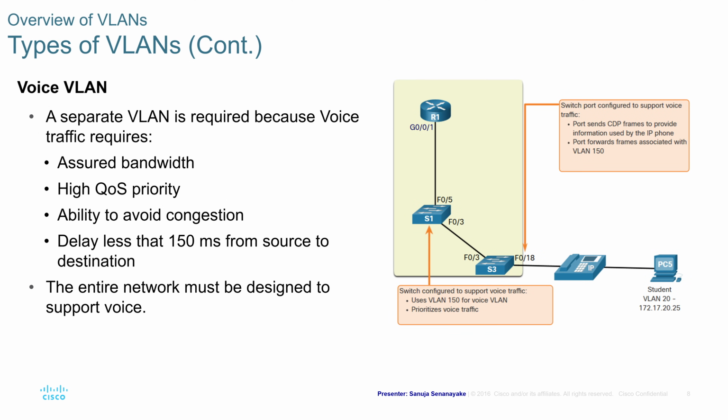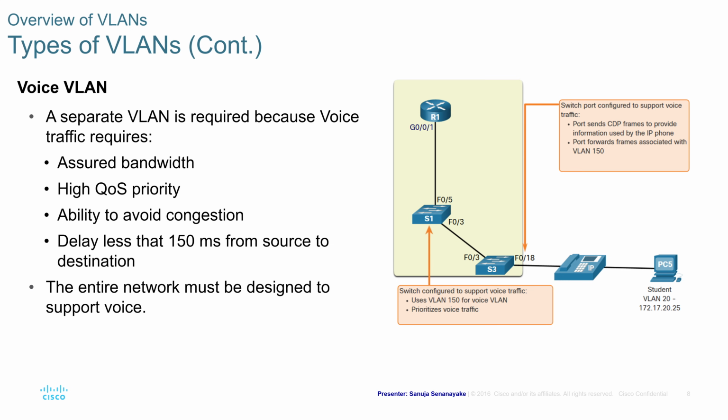Another type of VLAN would be the voice VLANs. A separate VLAN is required because voice traffic requires assured bandwidth, high quality of service priority, ability to avoid congestion, and delay of less than 150 milliseconds from source to destination. So you can set up a separate VLAN for your voice that will satisfy these needs.